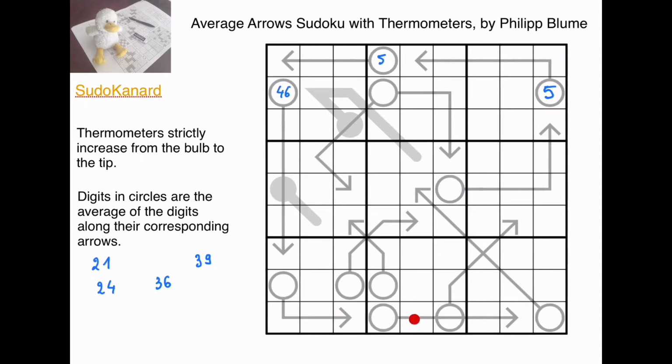Now there seems to be something along the same line here. This whole arrow, including the circle, has a sum that is a multiple of 5. With 5 digits, the sum is between 15 and 35, making this between 3 and 7.